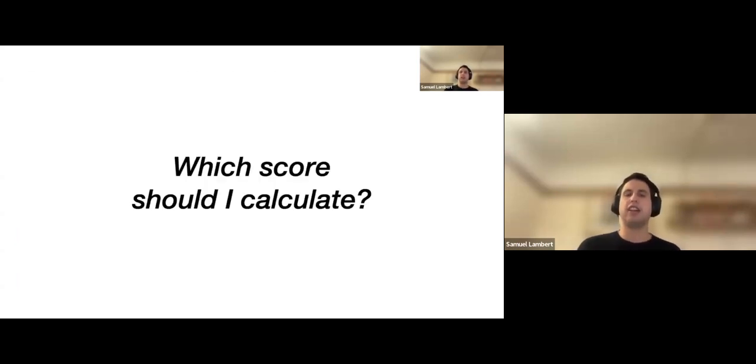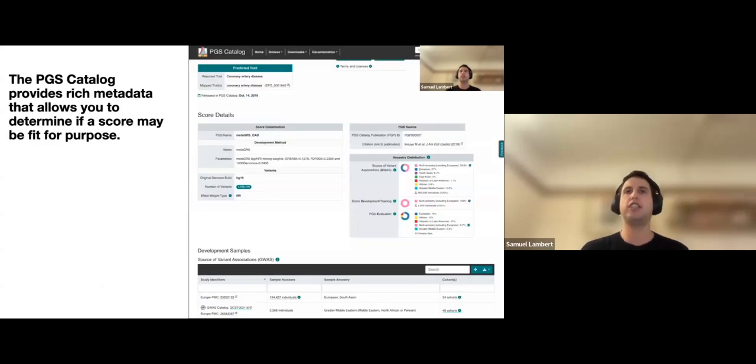So the data in the catalog allows you to answer the question about which score should I calculate, because basically there's lots of different scores for each trait. So I'm a cardiovascular disease researcher, and usually I'm focused on polygenic scores for coronary artery disease or hypertension, and there might be multiple different scores that meet that criteria. But basically, on each page, the score has information.